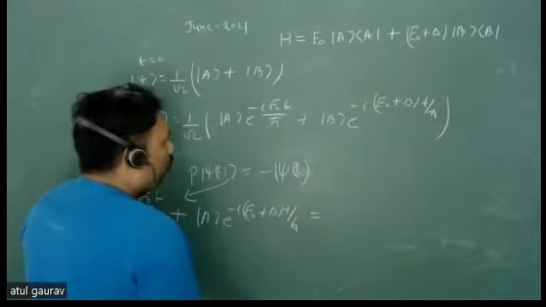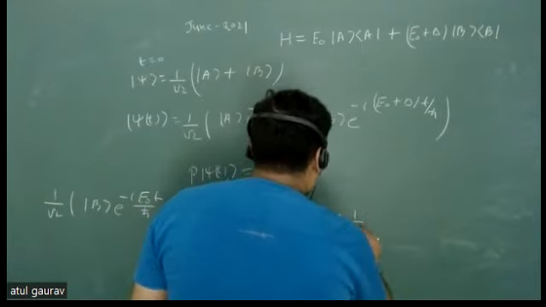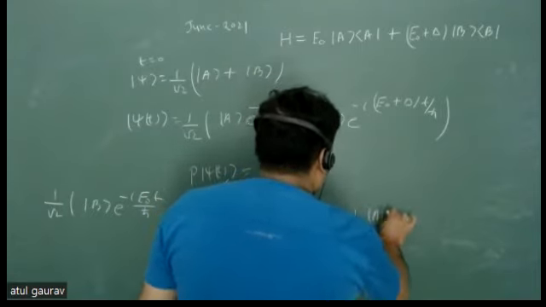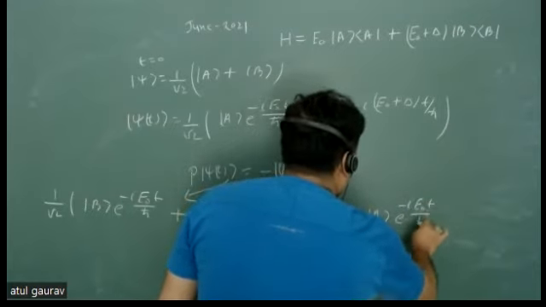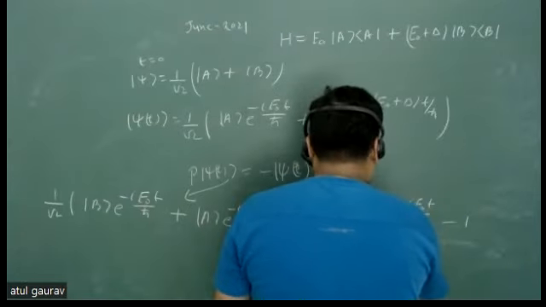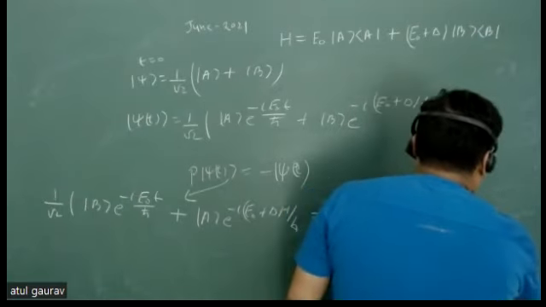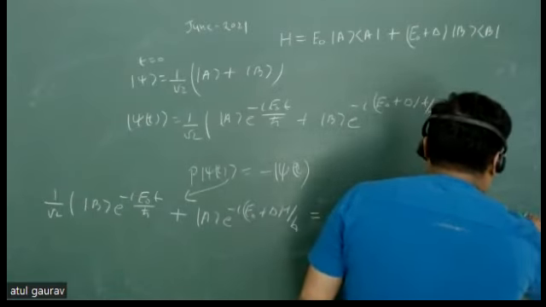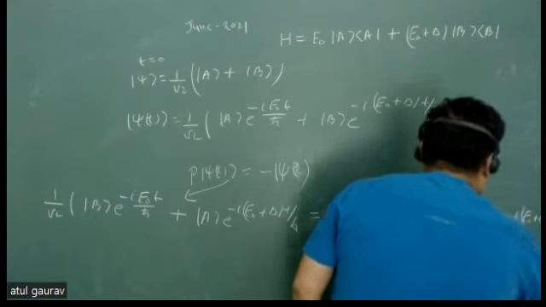And now you have this with the minus sign: minus 1 by root 2 a |a> e to the power minus i E0 t upon h cut minus 1 by root 2 b |b> e to the power minus i (E0 plus delta) t upon h cut.